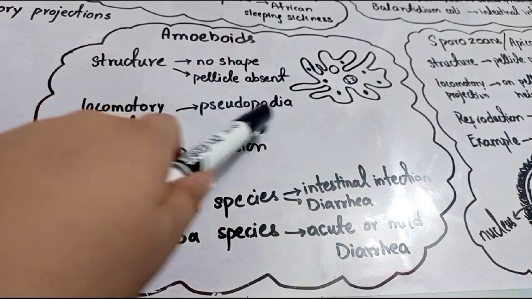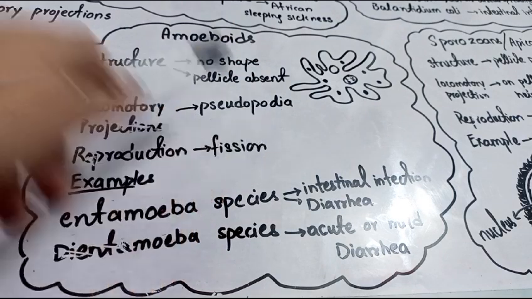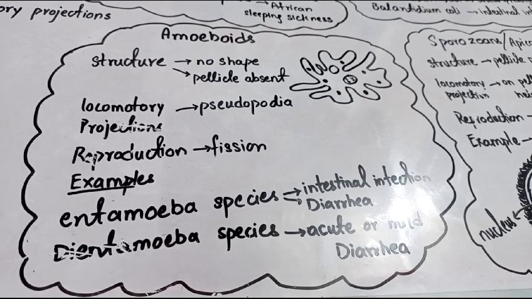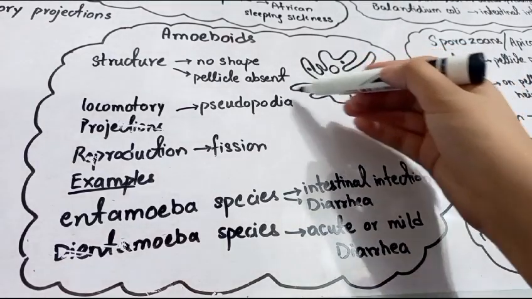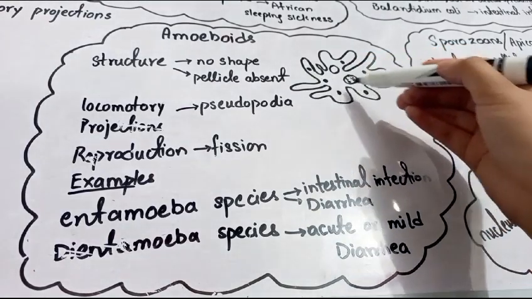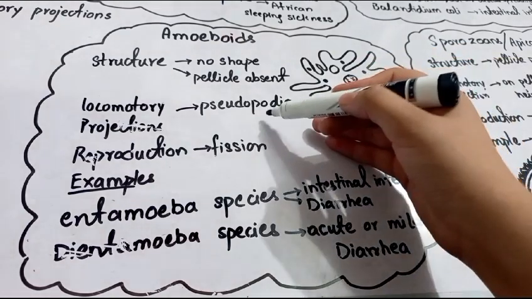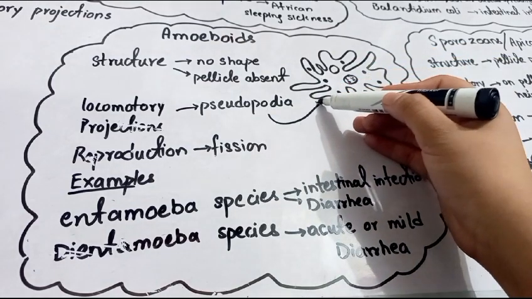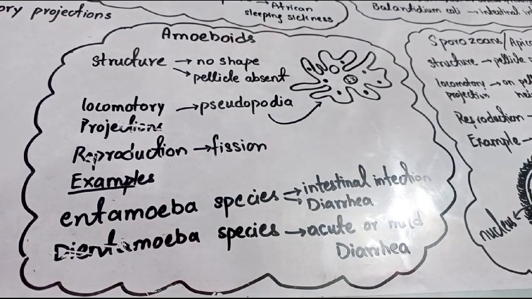They have pseudopodia as their locomotory projections, and they move by them. You can see they have various kinds of projections coming out. These projections are called pseudopodia, and they move with the help of them. They also ingest food with the pseudopodia, engulfing it into themselves.